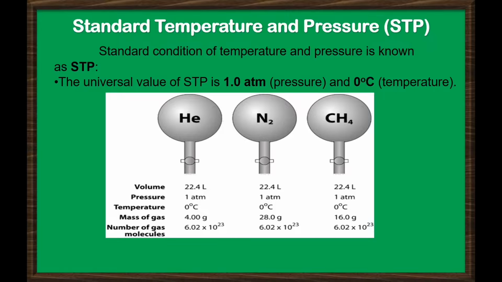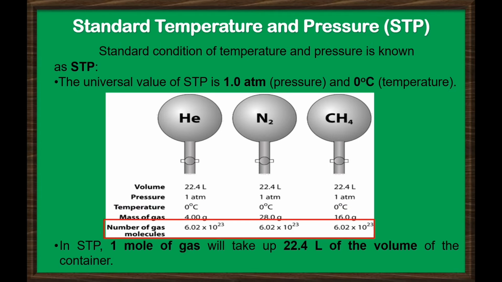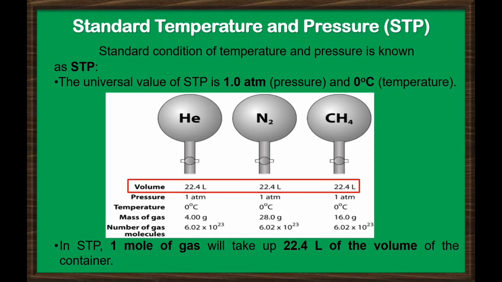Observe the properties of the three gases, helium, nitrogen, and methane, at standard temperature and pressure. The value of the pressure and temperature of the three gases are the same. And in STP, 1 mole of gas will take up 22.4 liters of the volume of the container. This idea is very important to understand better the behavior of gases.